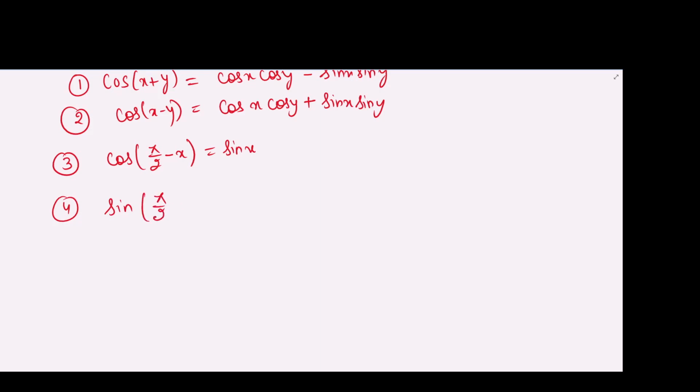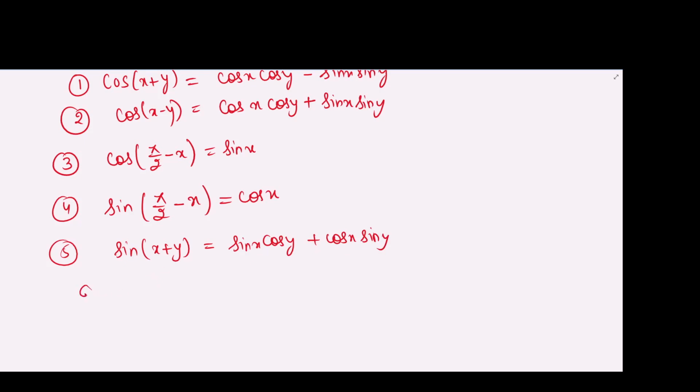Sin pi by 2 minus x is equal to cos x. Sin x plus y is equal to sin x cos y plus cos x sin y. Next we have sin x minus y is equal to sin x cos y minus cos x sin y.